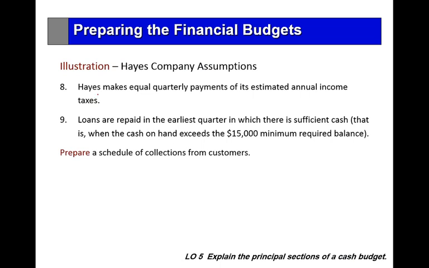Number 8 makes equal quarterly payments of its estimated annual taxes. We have 12,000 annual taxes divided by 4 quarters. We have here 3,000 every quarter, equal payments for every quarter.